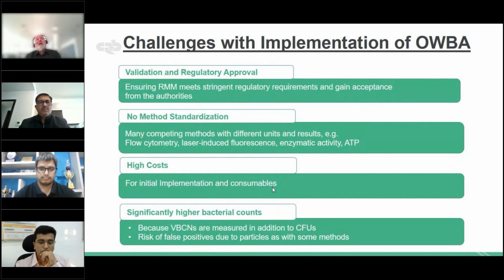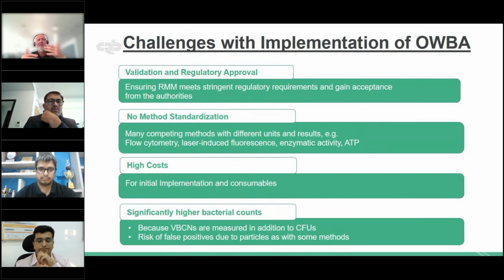So we are currently working to get validated systems and regulatory approval, so that we meet the stringent regulatory requirements and gain acceptance from the authorities. The current problem is that we have no method standardization with regard to the online bacteria counter.